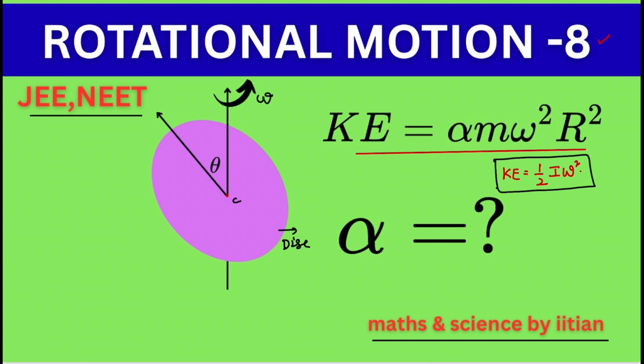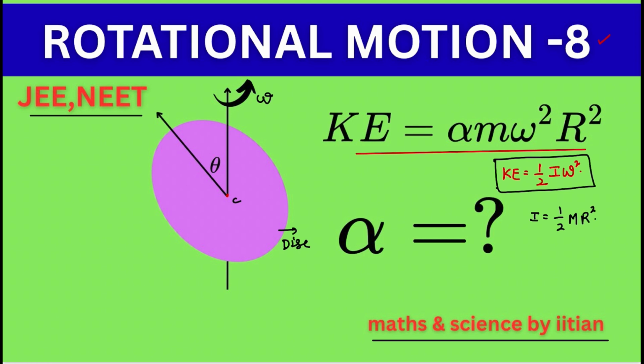This kinetic energy will not be equal to the regular kinetic energy. Kinetic energy is equal to half I omega square, where I is equal to half mr square. That's not the case here. For a regular disk, where the axis of rotation is not making any angle, the value of I is equal to half mr square.